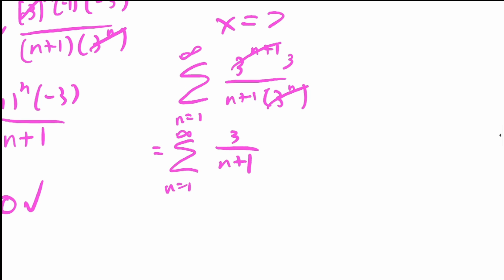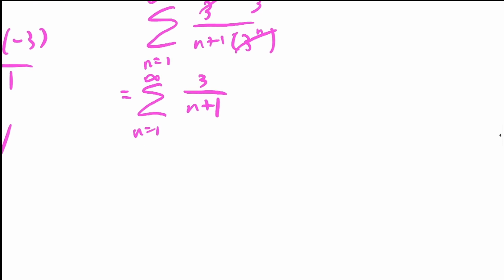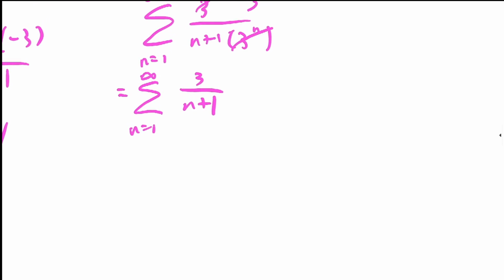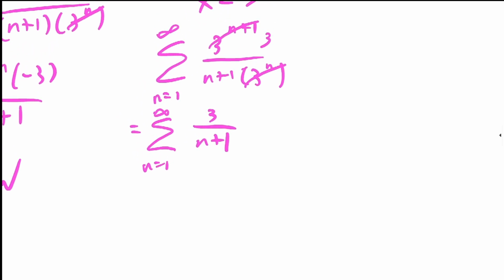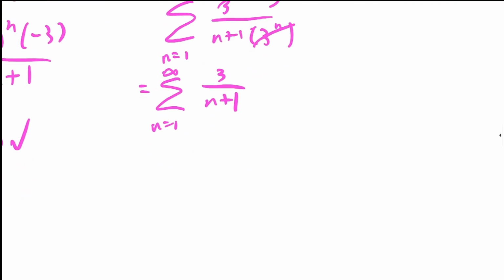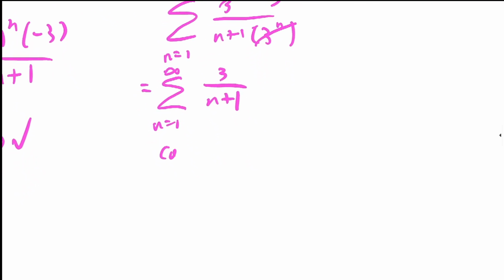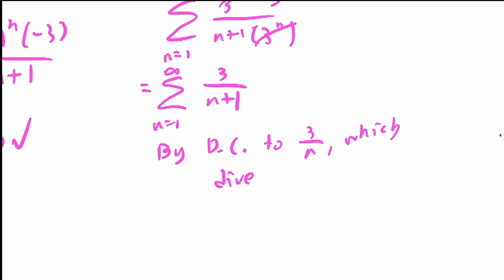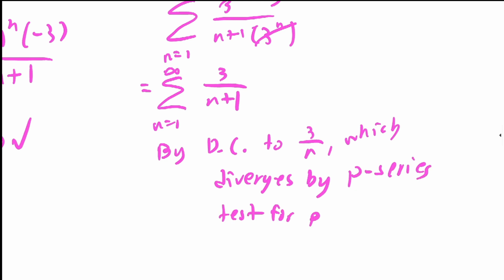The first is an integral test, which is quite difficult, more work. The second is to compare this by direct comparison to 3 over n, which diverges by the p-series test for p less than or equal to 1. Sorry, I apologize for that.